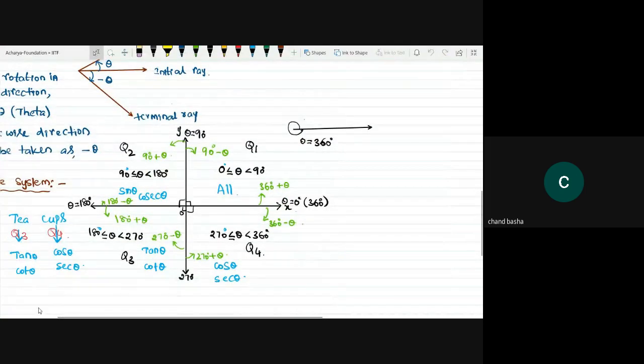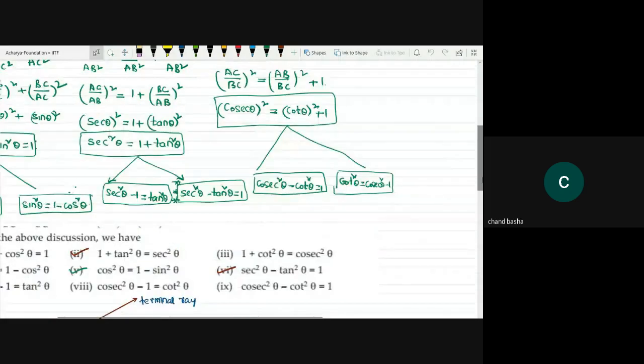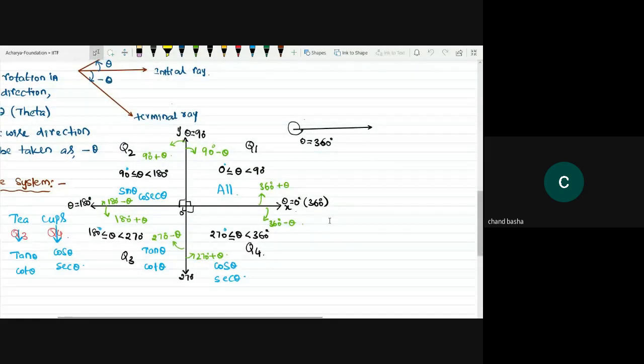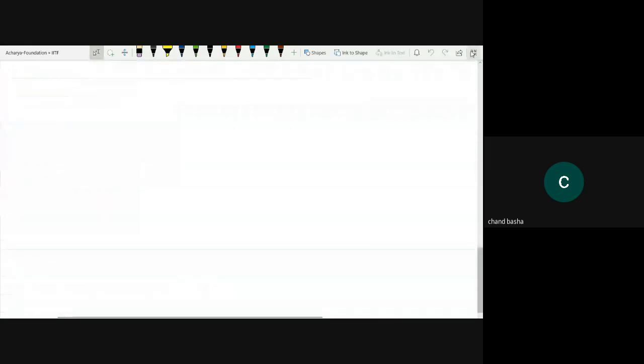We deduced a few of the deductions, right? Now today we'll continue, and one important point that we have discussed is the correlation, the relation between the coordinate system and trigonometry.